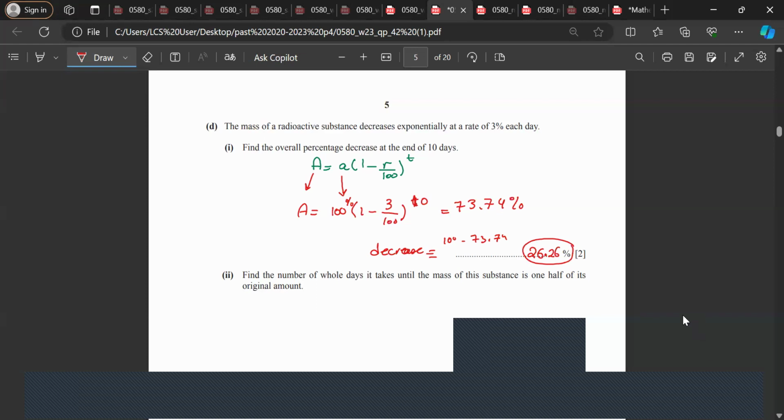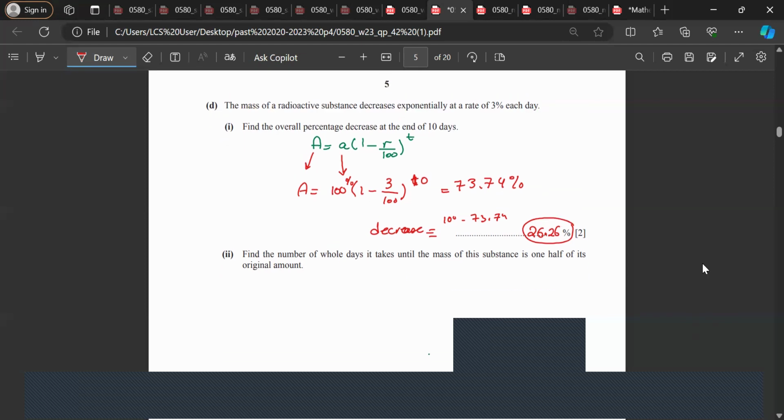But look at the second one. Also, same idea. Find the number of whole days it takes until the mass of the substance is 1/2 of its original amount. The mass of the substance will become 1/2 of its original amount. Do I know the original amount? No. So I will assume it is 100%.